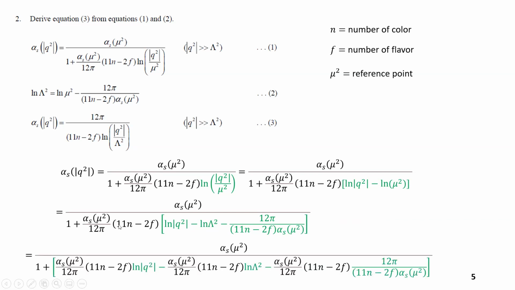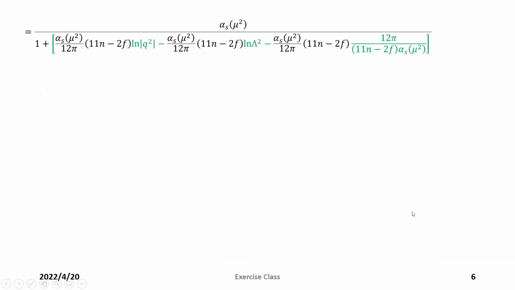Then we expand the multiplication, and you can see that this will be 1, and this can cancel with the 1 before.